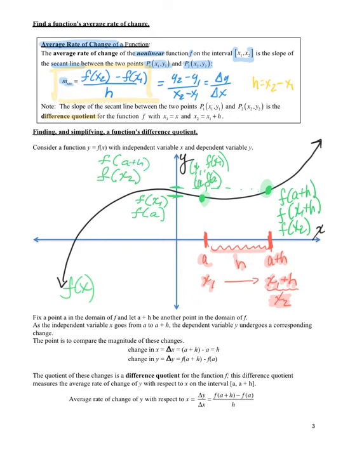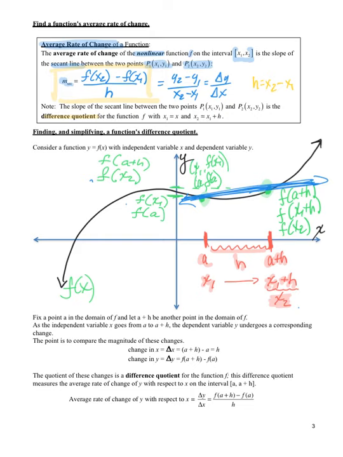Now, what am I looking for? I'm looking for the slope of this secant line. How do I calculate the slope of the secant line? Change of y over change of x. It's just the slope. The difference quotient is just the slope of the secant line. We just have a fancy way of writing it.